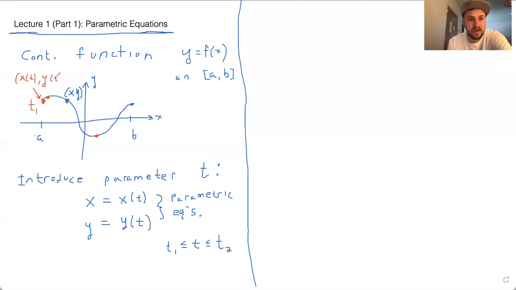This says when you start observing this particle, this is where it starts on the curve. As time progresses, the particle moves along the curve, and it ends up over here at time t2, which again you could indicate in rectangular coordinates as x of t2, y of t2.